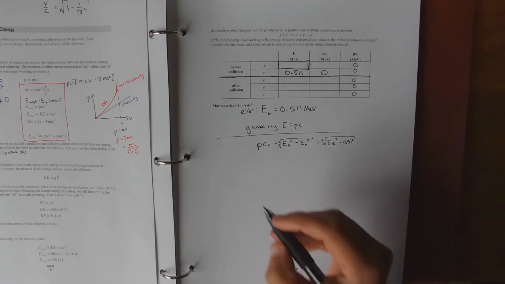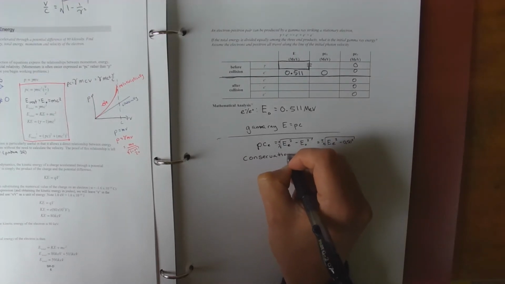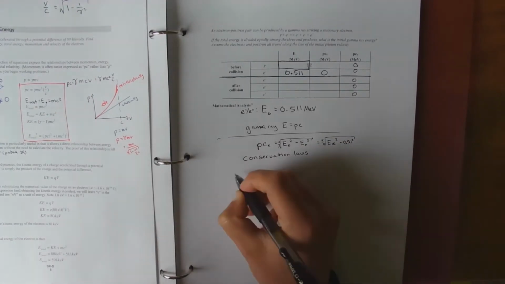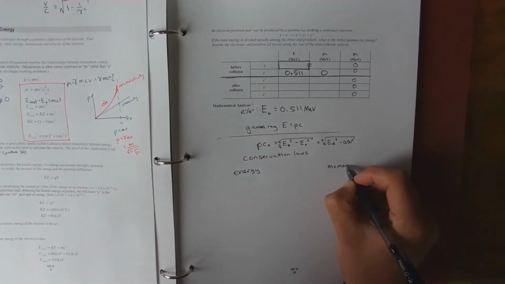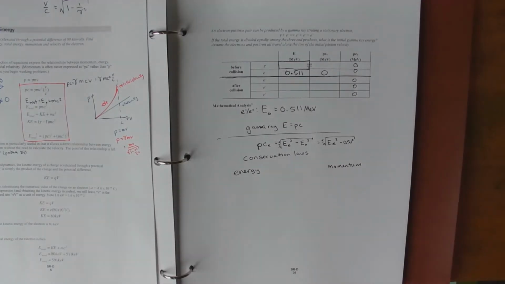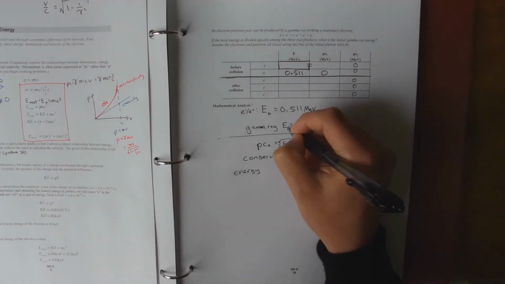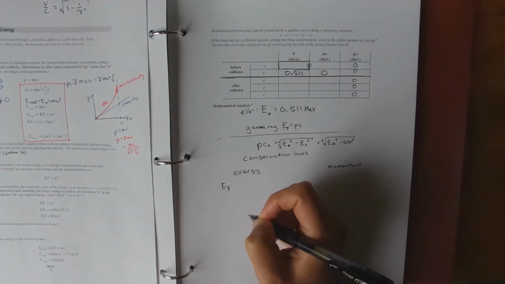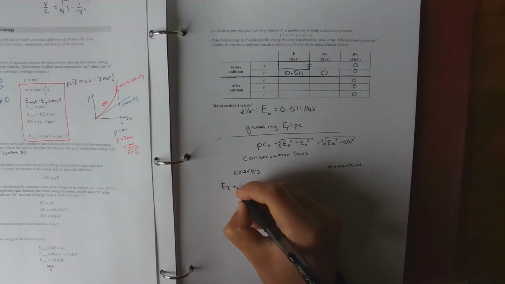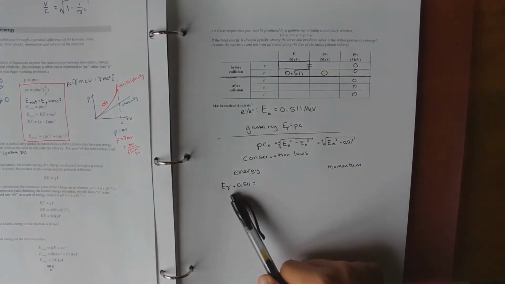Okay, so now for our conservation laws, we have to conserve energy and momentum. So for the gamma ray, we're going to call this E gamma plus 0.511. So here on the left-hand side of the equation, we have the total initial energy.